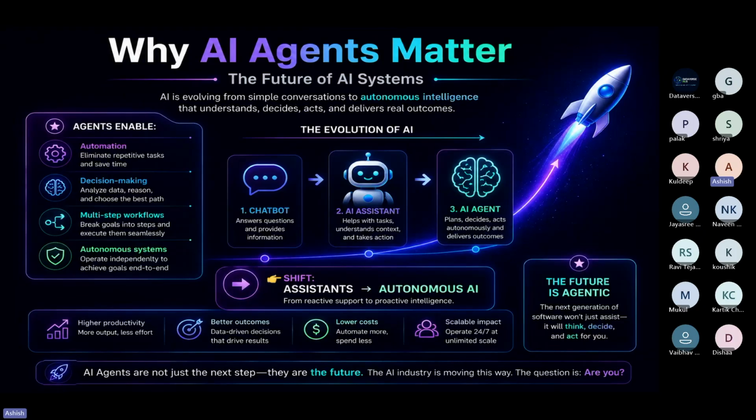So that's why, as per the industry, they are giving more returns on the investment. That's why more people, more enterprises I would say, are investing into AI agents to get higher productivity, better outcomes and lower cost.